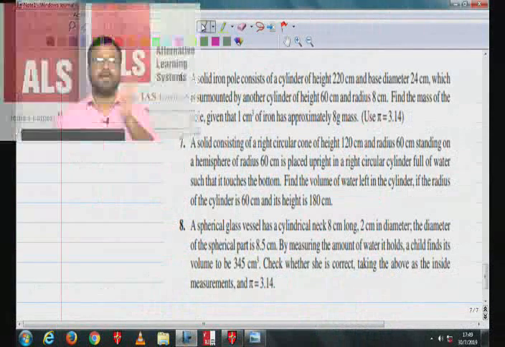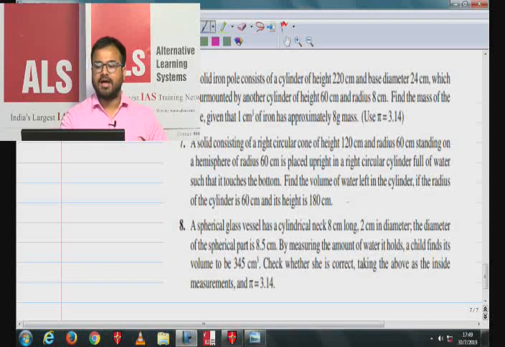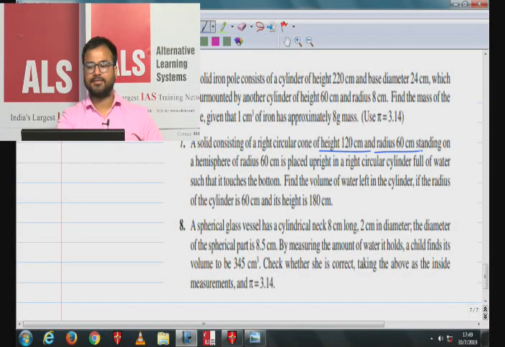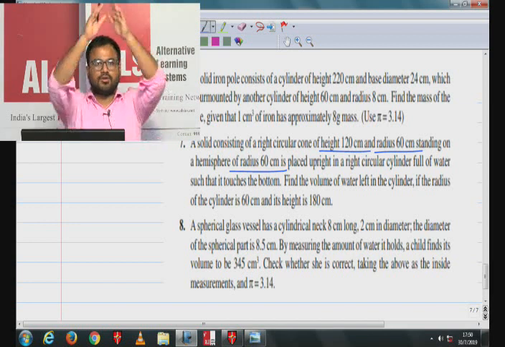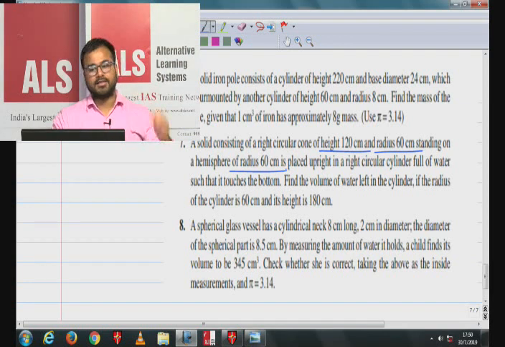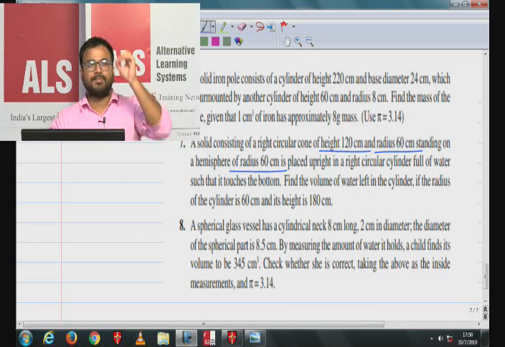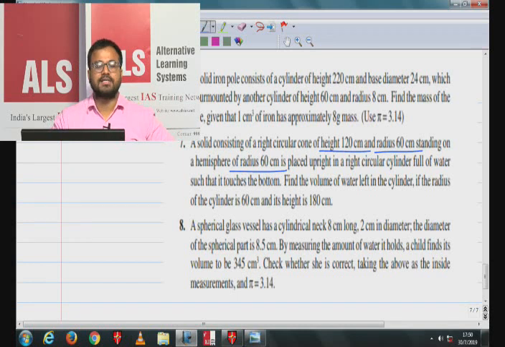The height for the cone is given and the radius of the base is given, right? It is standing on a hemisphere. The radius of the hemisphere is also given. This type of question we have already done. On the base it is a hemisphere and on the top there is a cone. That complete thing is placed upright. Upright means the conical portion is on the top. It is placed in a right circular cylinder full of water such that it touches the bottom of the cylinder.